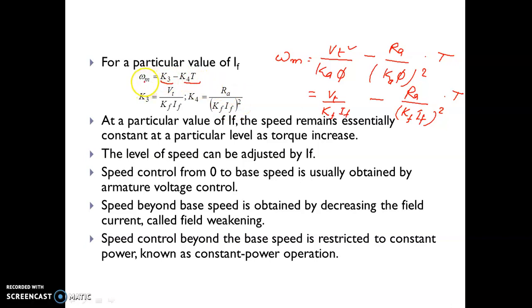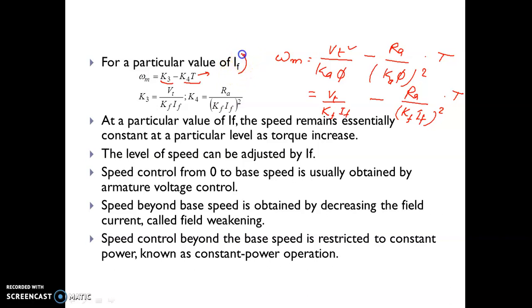So what does it mean? It means that speed is directly proportional to torque. If torque is more, then speed will be more. So this is very drastic. If you are applying more load and speed is also becoming more, that is why we could not keep it at a particular value.